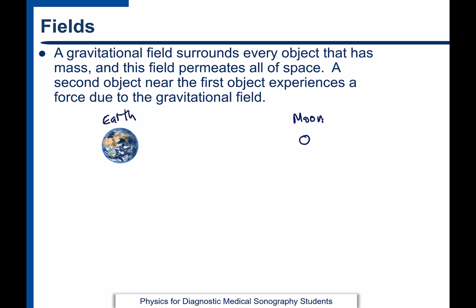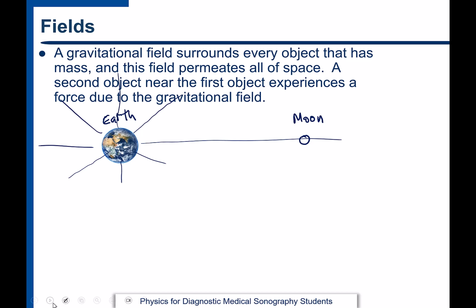But how does that gravitational force get communicated? Well, what we picture is that the Earth creates a gravitational field that's going out in all directions. And of course, that field is keeping us stuck on Earth as well. And then the moon experiences a force because it's in that gravitational field.